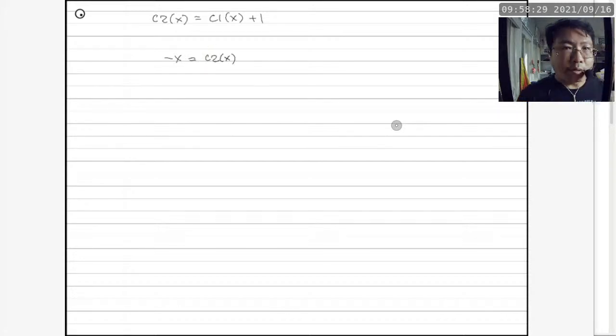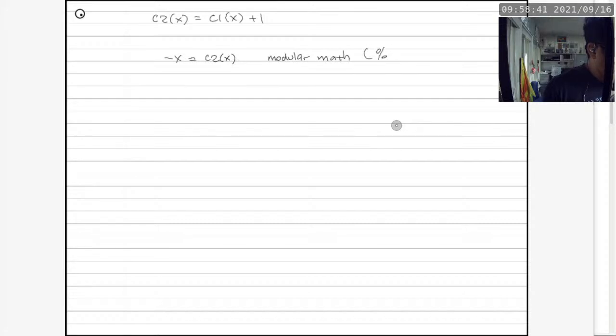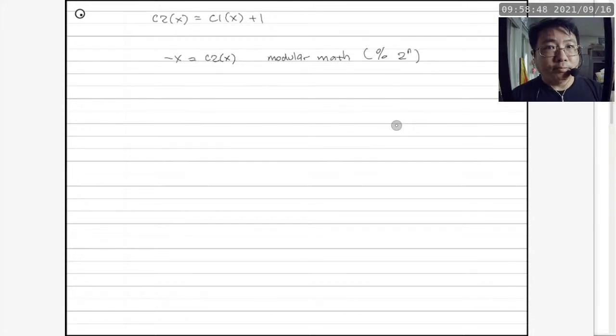That is also established because we are working with modular math, in particular because we're using base 2, so this is modulo 2 to the power of n, n being the width of our integer.